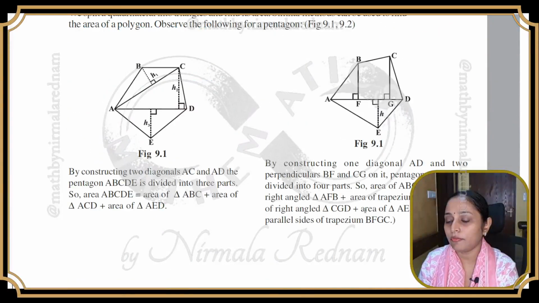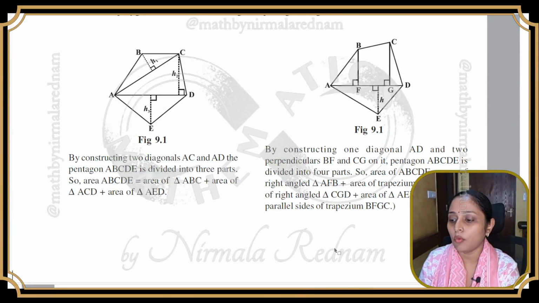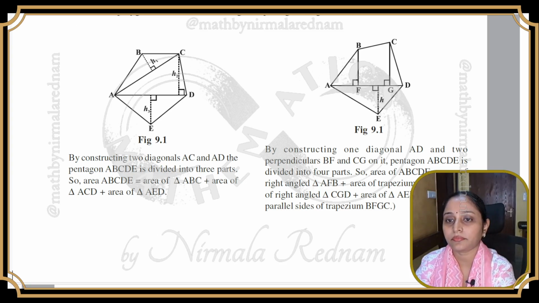So here, for example, if you look at this figure, you can see that you have a pentagon. There are 5 sides, AB, BC, CD, DE and EA. Now what they are doing here is joining AC. If the length of AC, B1, and H1 are known, I know that triangle ABC is half B1 H1.